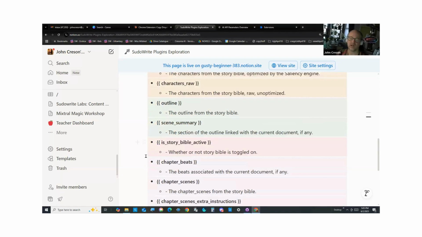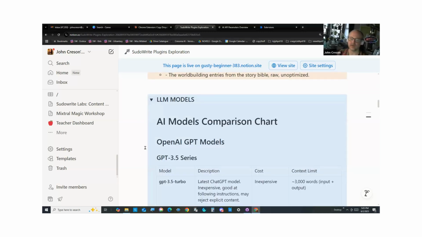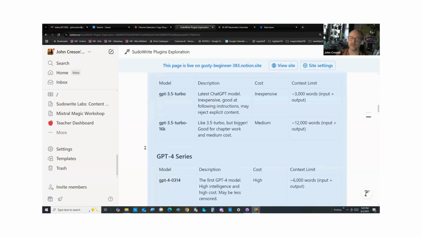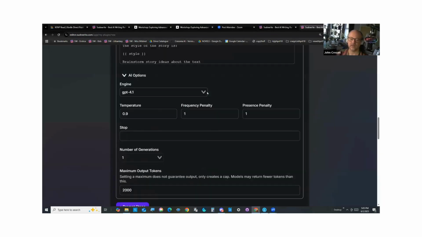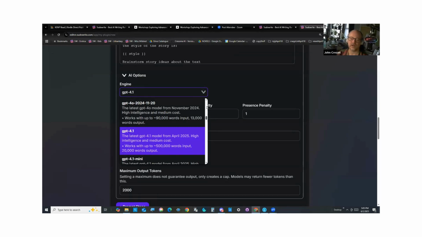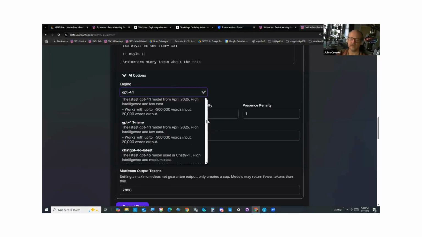At the very bottom, I've got LLM models. And what this is, is a comparison chart of all of the models that are available in here, where I just OCR'd all of this information and made it available so you don't have to scroll through it.